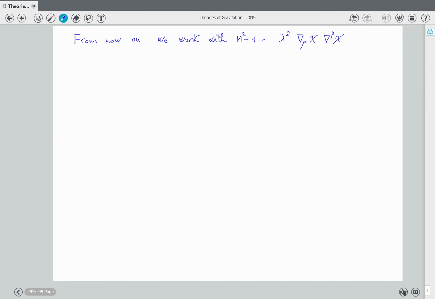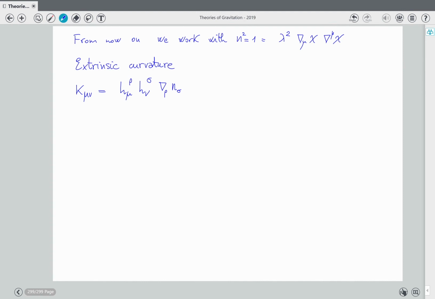Another important notion is the extrinsic curvature of the submanifold, which is called K mu nu, and that is h^rho_mu h^sigma_nu del_rho n_sigma.